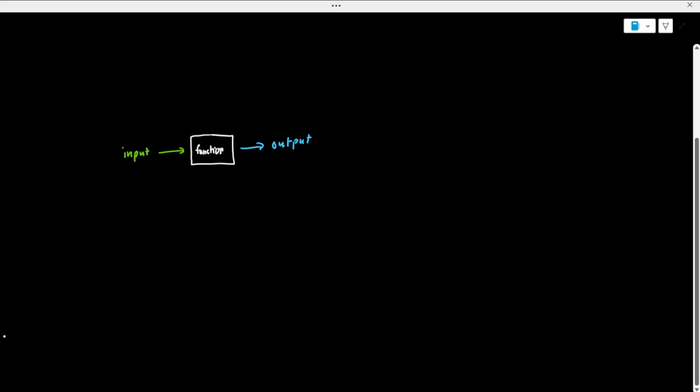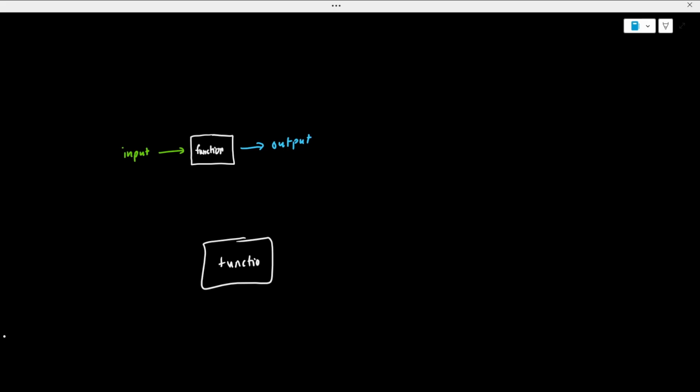Now, something else that you can see happening in a function would be, let's say, if this is your function, perhaps you could have two inputs. Let's say you could have an input A, and another input B, and both of those give you an output C. That's still a function.